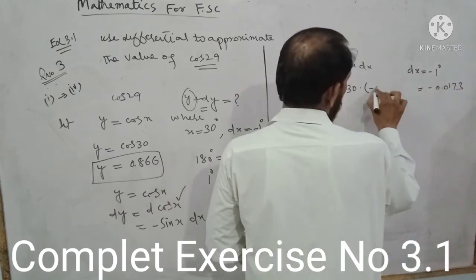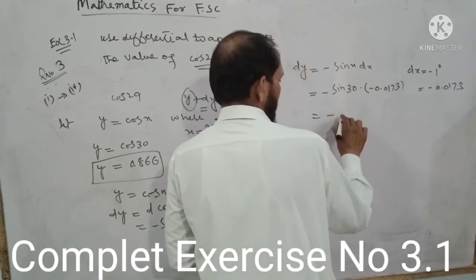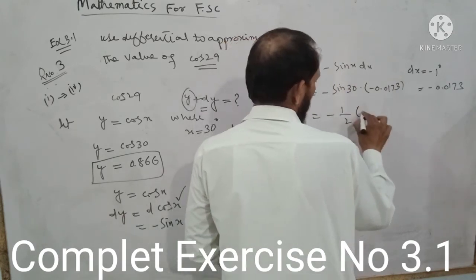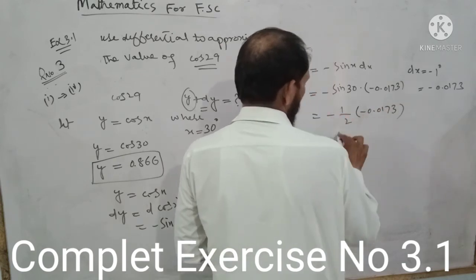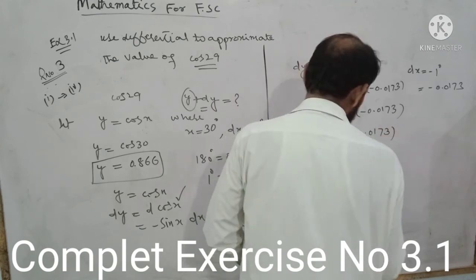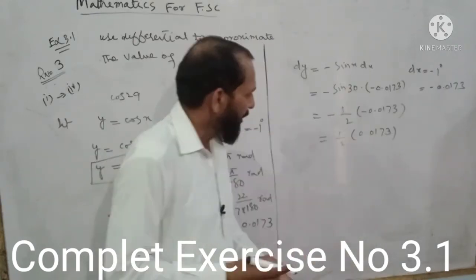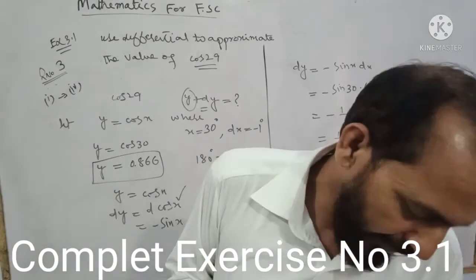We multiply by 0.0173 the value of sin 30, which is 1 over 2. The negative sign will be cancelled. We have divided the value by 1 over 2.